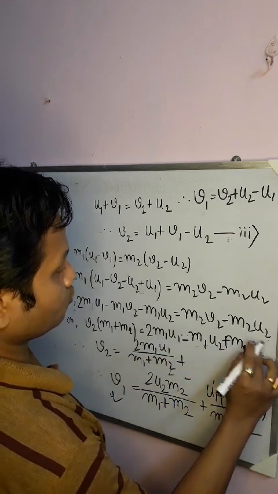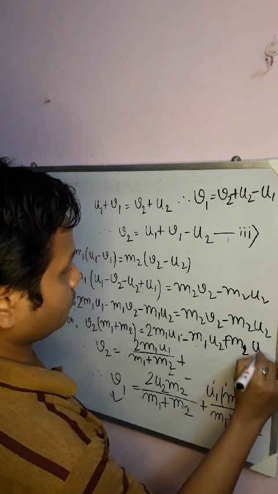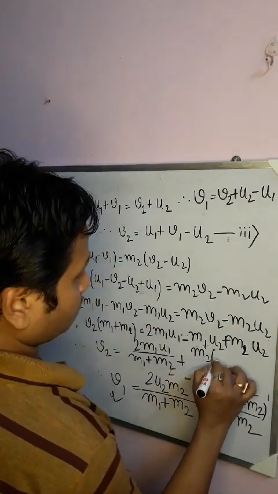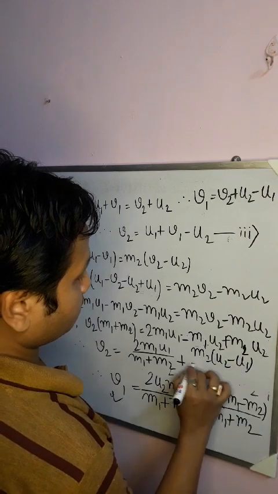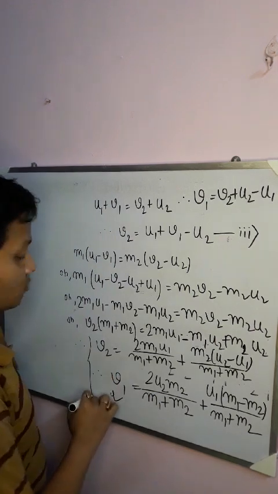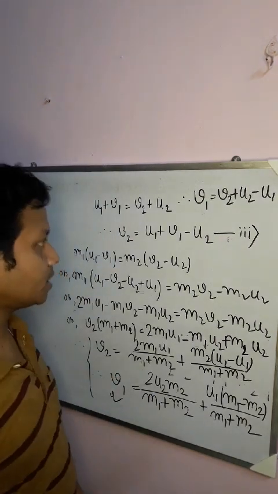This will be m2 u2. I made a mistake. It will be m2 times u2 minus u1 by m1 plus m2. So these are the values of v1 and v2 after collision.